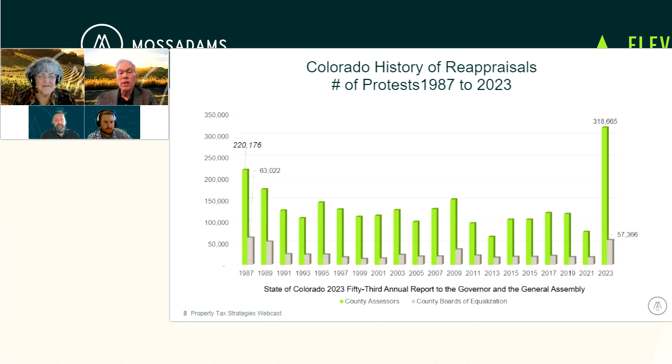Now, the gray bar, which shows 57,000, that represents how many of those 318,000 appeals went to the County Board of Equalization, which is the second level of appeal beyond the assessor. That represents 18%.